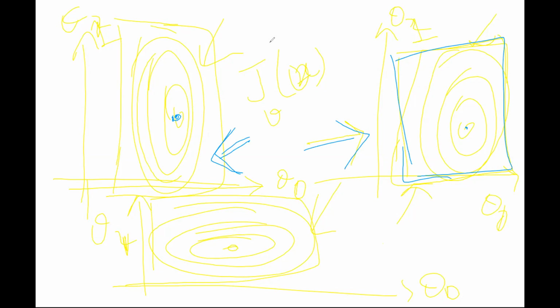An iteration is one application of the update rule. In this shape I can get it in 100 iterations, and here it can take thousands of iterations. That's why we always want it to be of this shape. And how can we get this shape? We can get this shape if all my features are in a similar range.